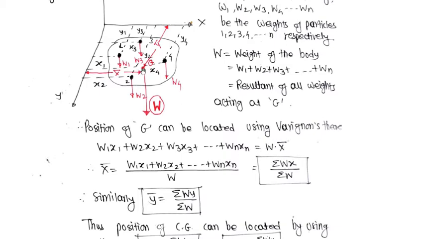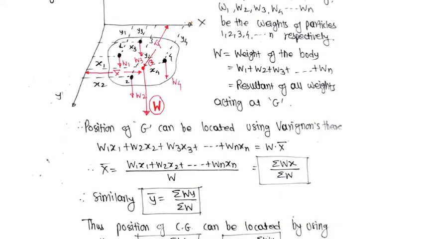What is the moment of this resultant about the y axis? This moment is equal to W into x bar, where x bar is the distance. Hence x bar is equal to W1 x1 plus W2 x2 plus W3 x3 up to Wn xn upon W, or it can be written as summation Wx upon summation W.